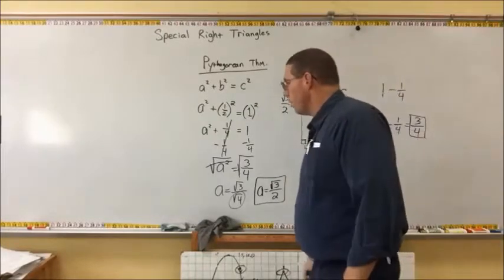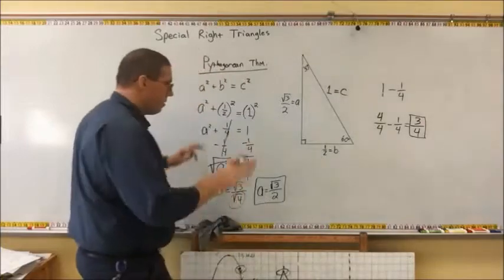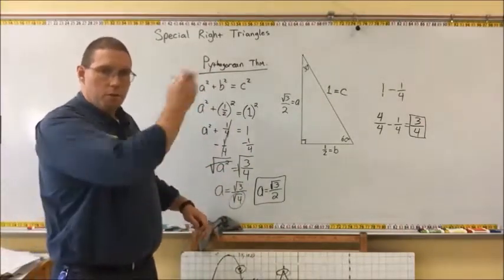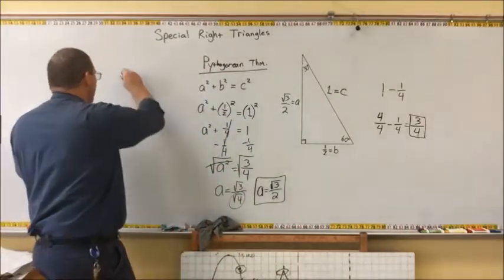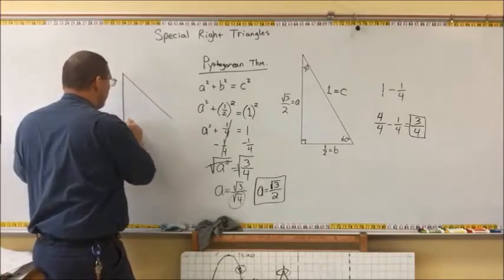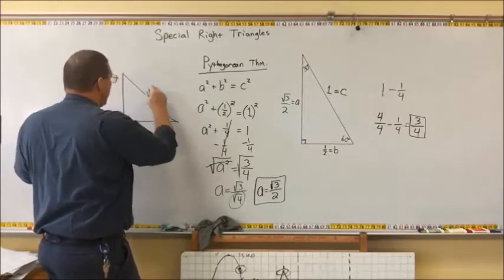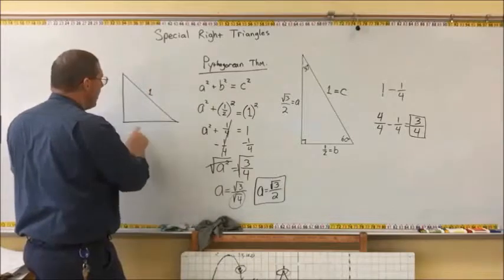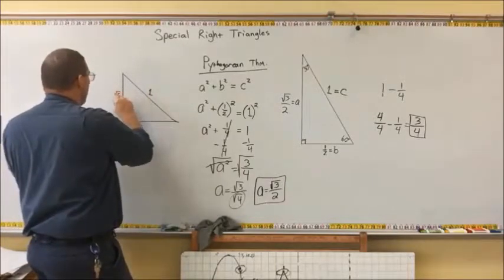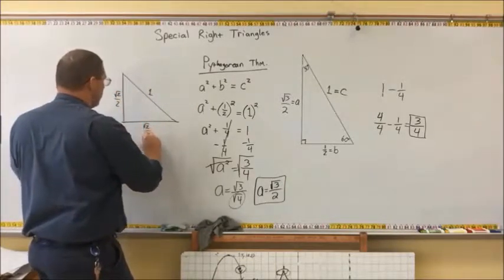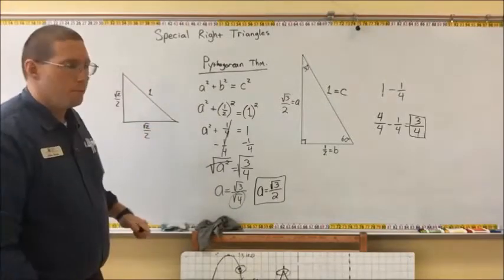And so here's what you need to understand from this entire video. You remember the other triangle? If you have a 45, 45, 90 triangle that has a hypotenuse of 1, it has leg lengths of square root of 2 over 2 and square root of 2 over 2. You need to know that.